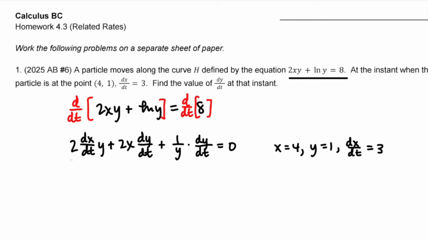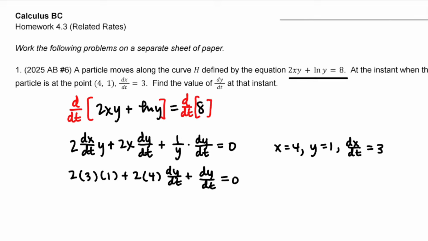So 2 times dx/dt times y, plus 2x dy/dt, that's the thing we're hoping to solve for, plus 1 over y is going to be 1, dy/dt. That's going to equal 0.